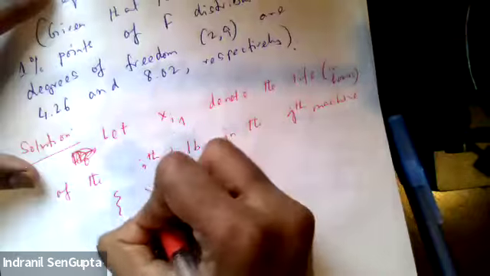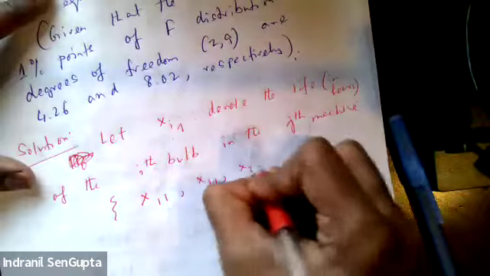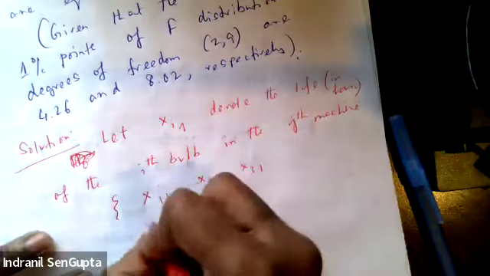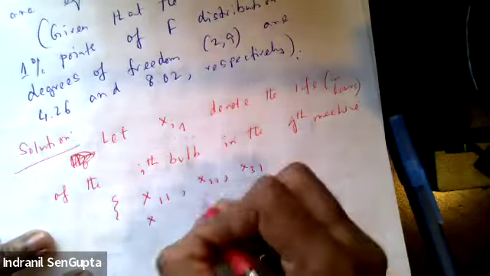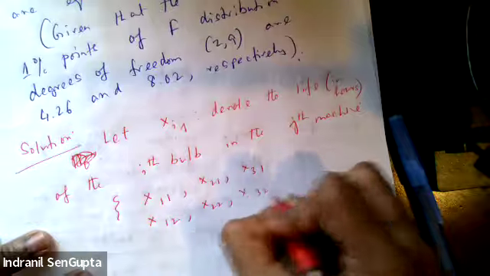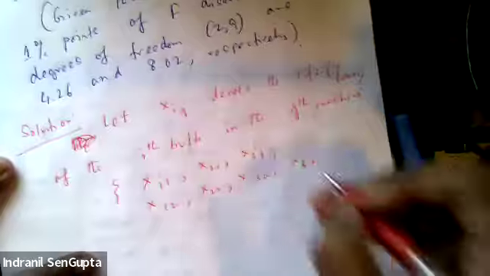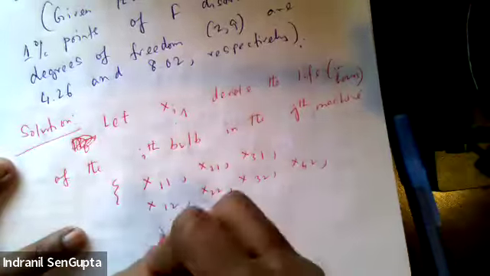So basically, we have this data. For machine 1, we have 3 bulbs: X11, X21, X31. Then we have X12, X22, X32, X42, which is for machine 2.